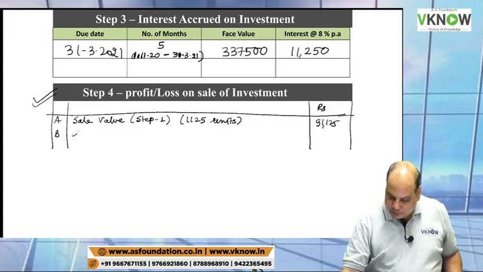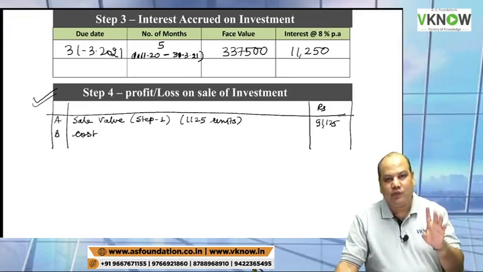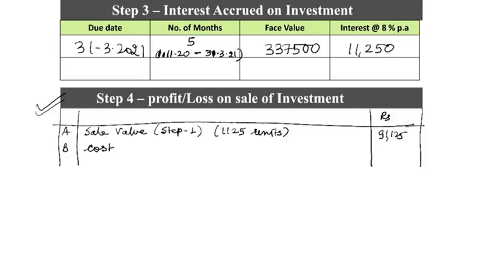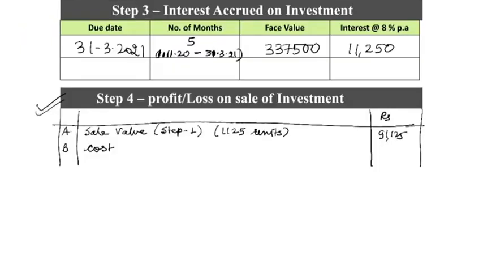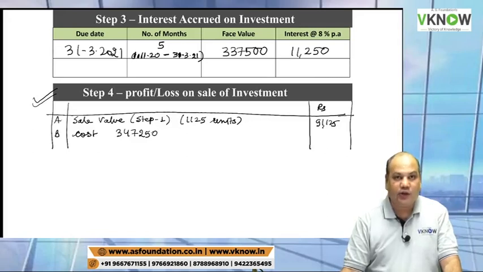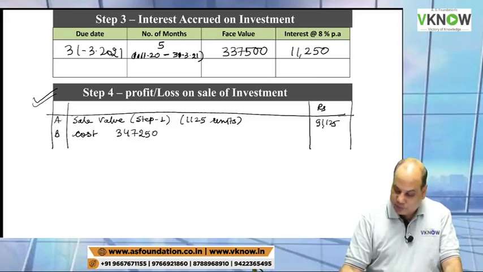Point B, cost. We have purchased only one lot. Which lot? The first lot which is mentioned here, 1/4/2020. For 347,250 we have purchased.